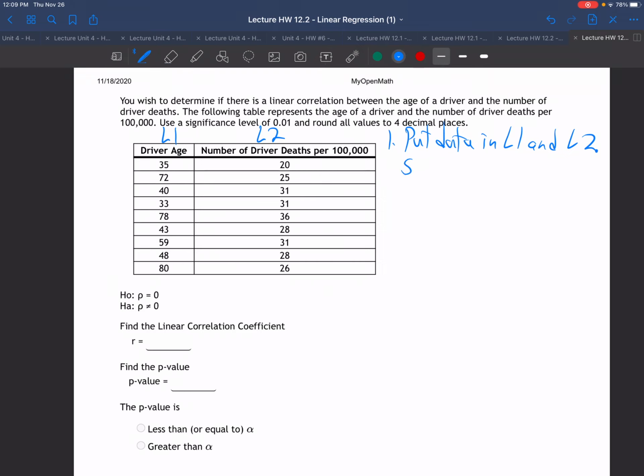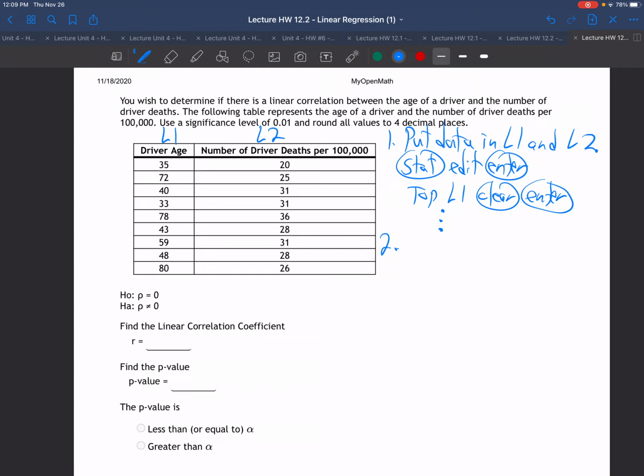I could write it out real quick. You hit Stat. You're already on the Edit menu. You hit Enter. Then you go to the top of L1. You hit Clear and Enter. And then the same thing for L2. And then put in the data. I think you've got it from there.